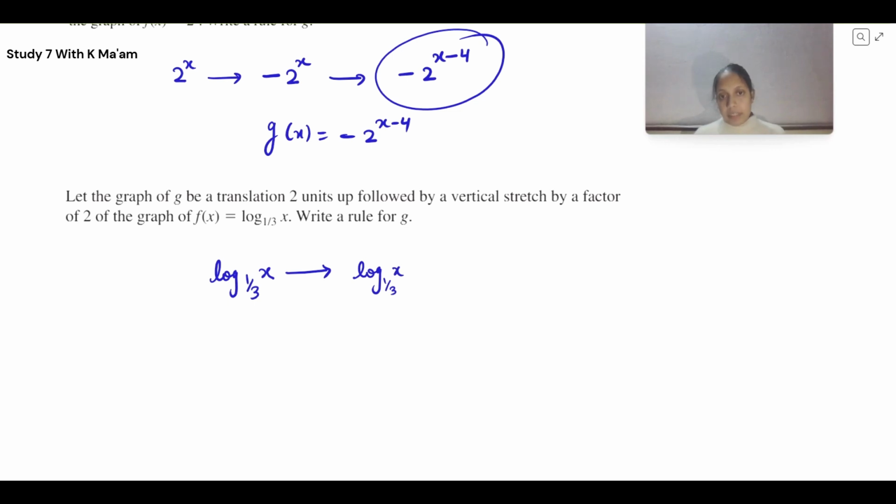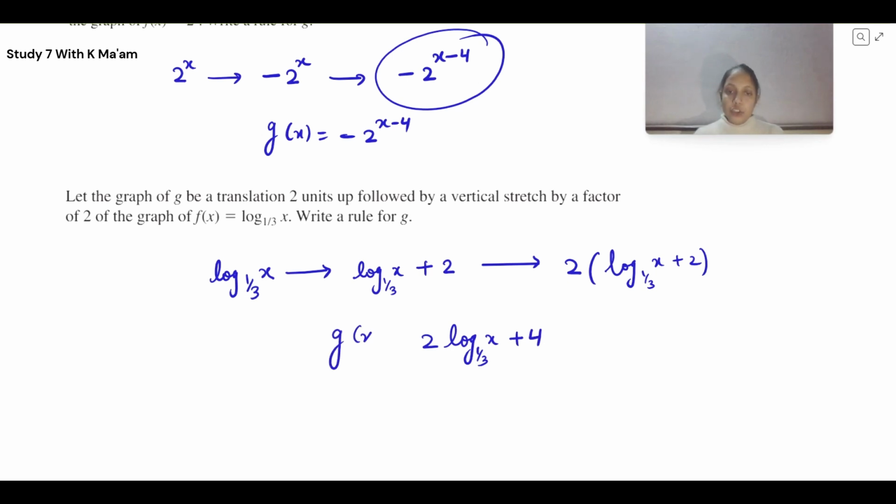So 2 units up means adding 2 outside. Then followed by a vertical stretch. Vertical stretch means the complete function will be multiplied by some number outside. So here, vertical stretch by factor 2, so the outside multiplier is 2: 2 times log base 1 over 3 of x plus 2. If you want, you can open it: it will be 2 log base 1 over 3 of x plus 4. This is g(x).